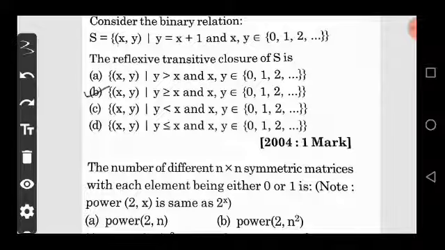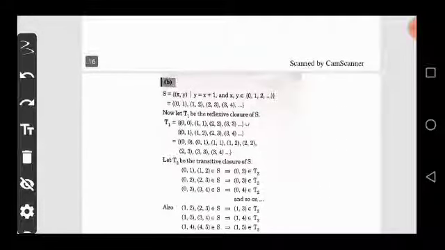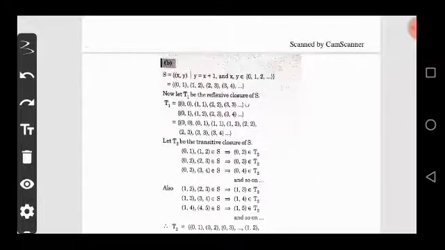So we come to the solution of this question. S equals (x, y) such that y equals x plus 1 and (x, y) also belongs to the set 0, 1, 2, 3. So the combinations of x and y are (0, 1), (1, 2), (2, 3), (3, 4) and so on.